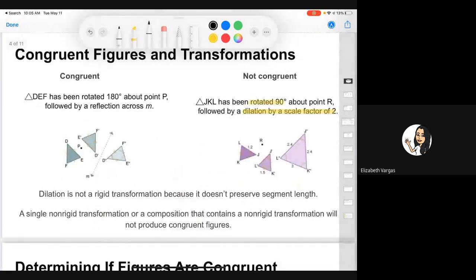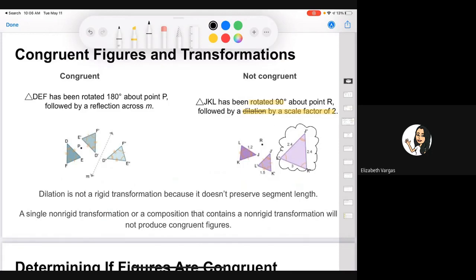And because a dilation is not a rigid transformation, that tells me my figure does not stay congruent. You can also see that my figure has increased. This triangle is a lot bigger than my original triangles. Because of that, all three of those figures will not be congruent. So figures only stay congruent if a rigid transformation is applied.